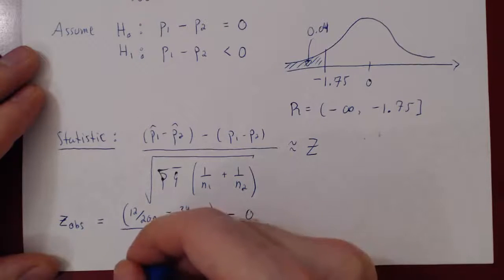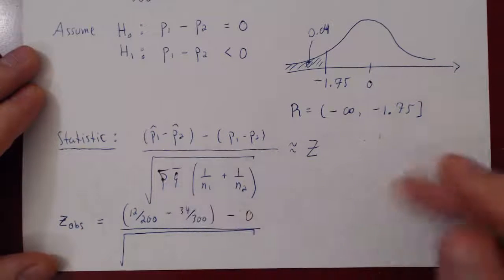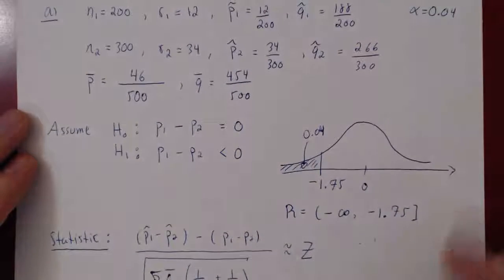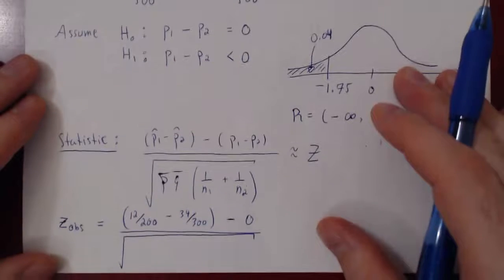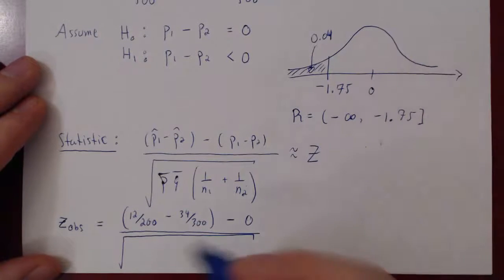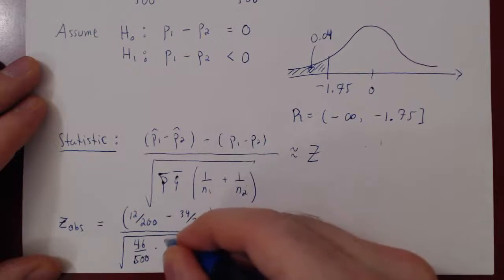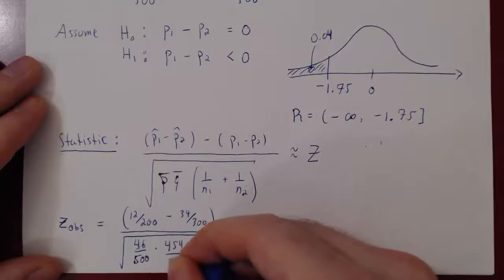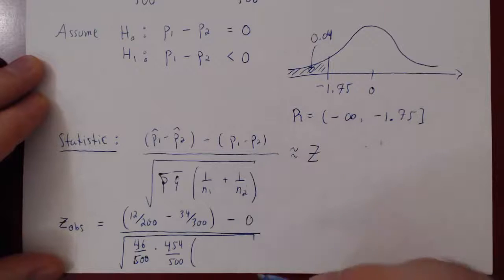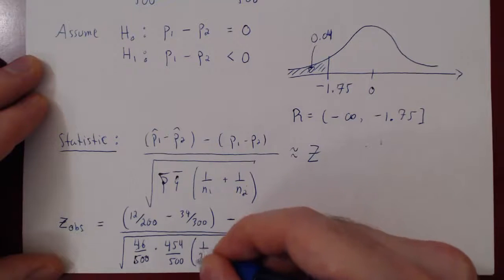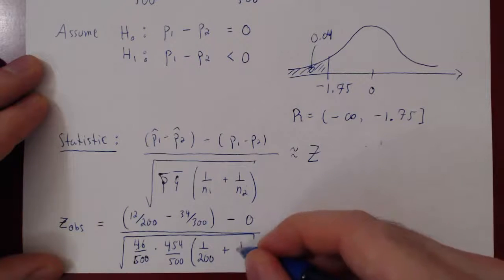the square root of our P bar times Q bar, so they're here, 46 over 500, 454 over 500, times, if you remember, 1 over n1. n1 was 200, so 1 over 200 plus 1 over n2, and n2 was 300.